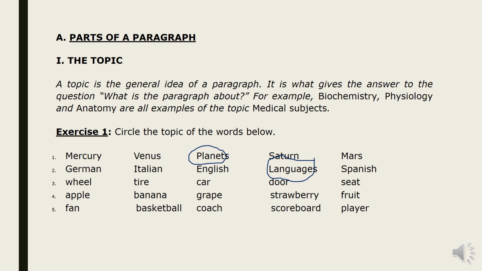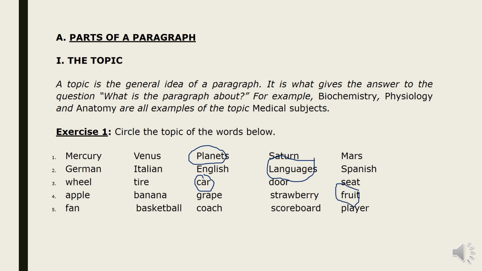Let's see number 3. Wheel, tire, car, door, and seat. What is the general idea here or topic? It's car, because all of the mentioned are parts of a car. Apple, banana, grape, strawberry, fruit. What is the topic here? It's fruit. Why?